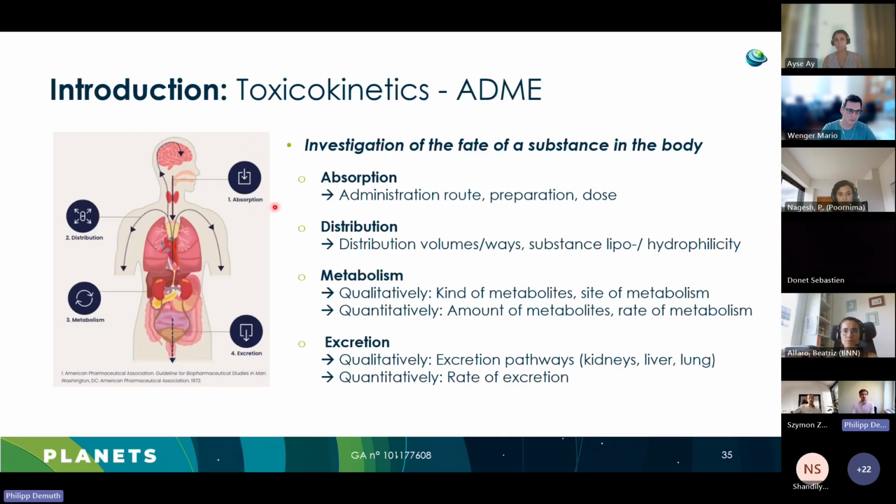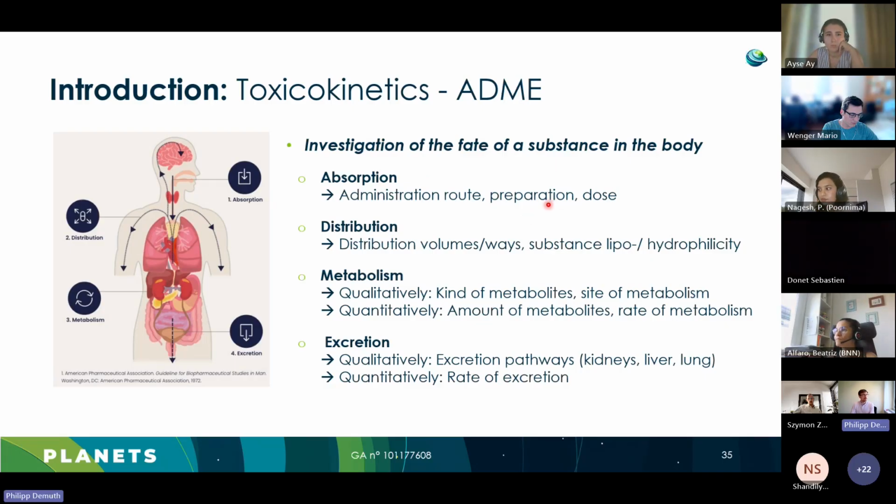First we have absorption. This is dependent on the administration or exposure route and can in general be subdivided into inhalation exposure, oral exposure, and dermal exposure. But it can also, for example, include intravenous exposure if we are looking at a pharmacological compound. The absorption also depends on the preparation.